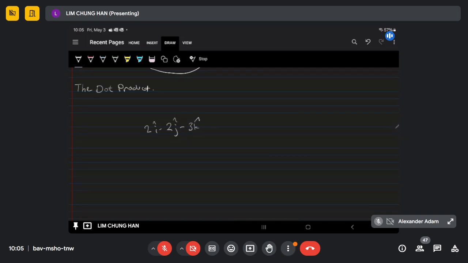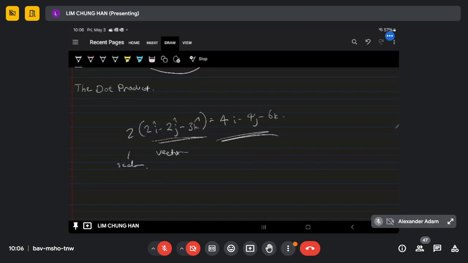You can multiply this with a scalar value, and then you're going to get 4i minus 4j minus 6k. Now this is just a vector multiplied by a scalar, so you get a vector answer.